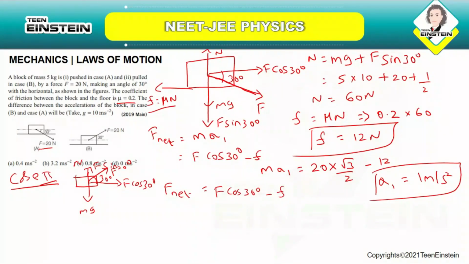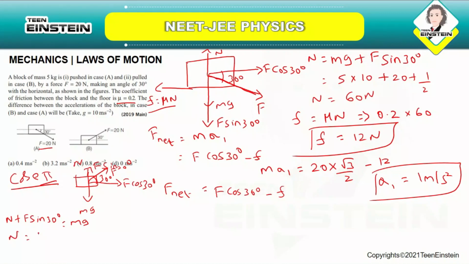You are going to substitute that, and you know that mu N means mu into mg minus F sin 30. Here you can see, mg minus F sin 30, because N plus F sin 30 degree is equal to mg, because this is on this side and F sin 30 plus N is on that side.